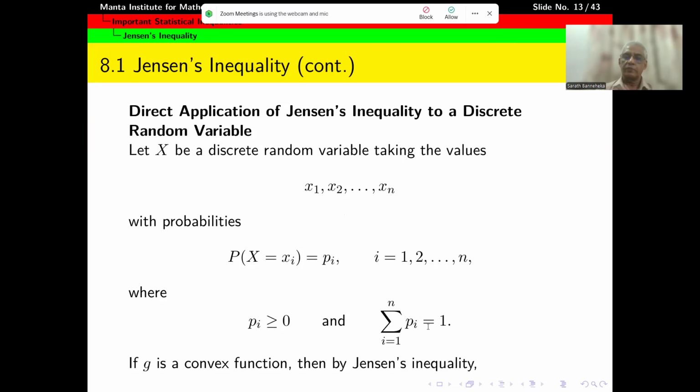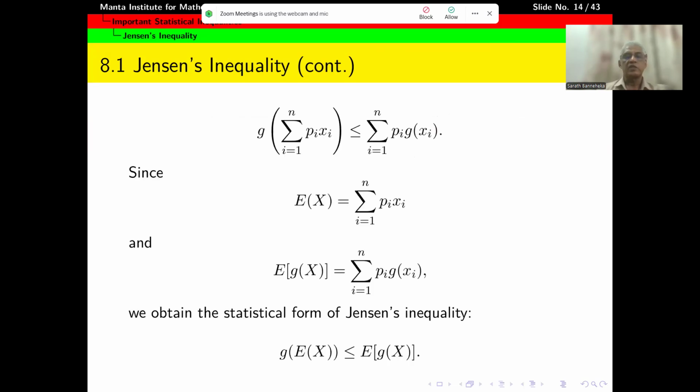So we are in a situation with several x's possible for the random variable x and several weights which are greater than or equal to 0 and sum to 1. Therefore, directly we can apply the Jensen's inequality. So that will give you this thing.